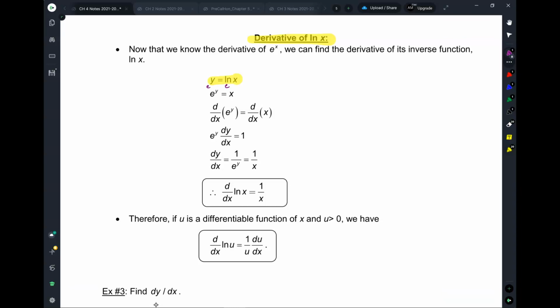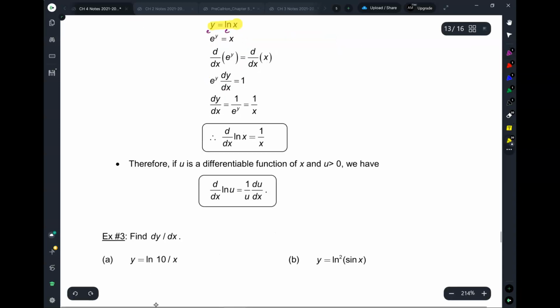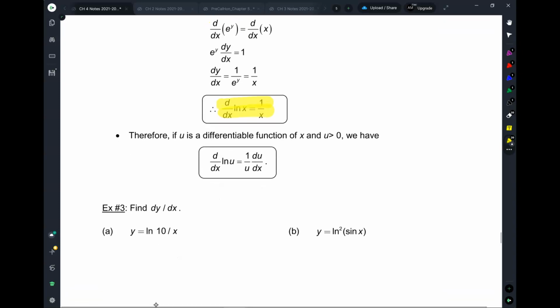That becomes e to the y equals x, and I'm not going to go through all of it. Bottom line, the derivative of ln of x is 1 over x. Memorize. So if you have ln of u, it's 1 over u du dx.